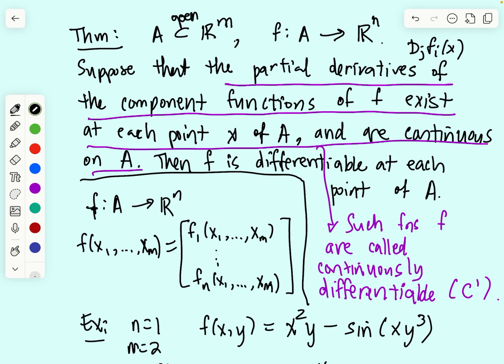Now, when you have a function from A to R^n like this, it's going to have partial derivatives, right? And those partial derivatives themselves are going to have partial derivatives.